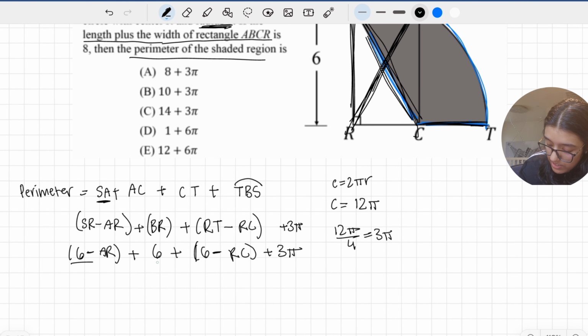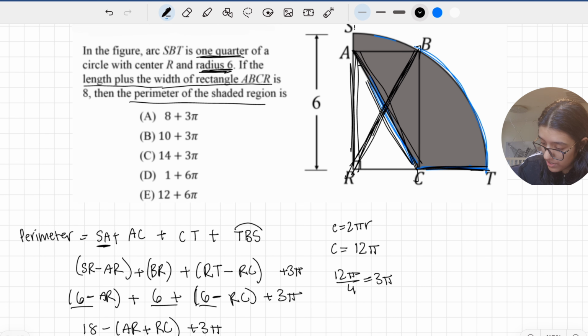Simplifying this, we have 6 plus 6 plus 6, which is 18, minus AR plus RC. I just took the minus out of AR and RC, plus 3 pi. Now we have AR plus RC. And actually, in the question, they gave another hint.